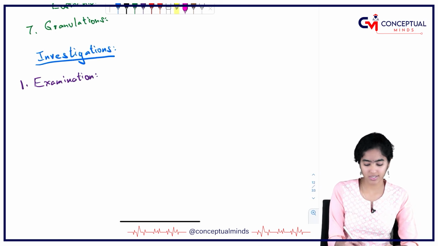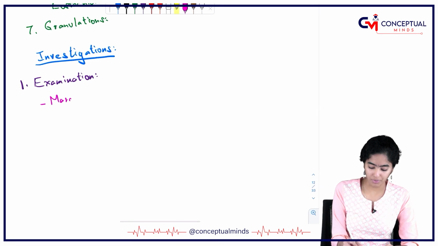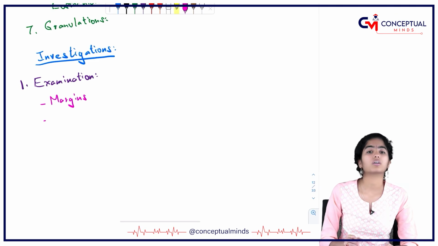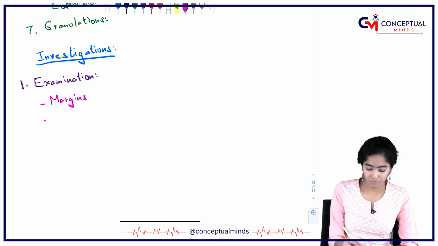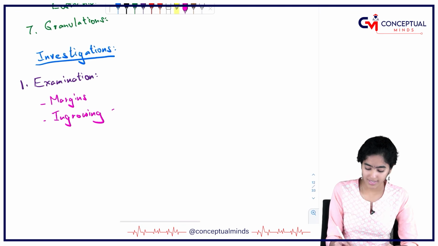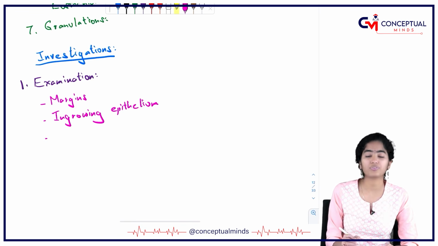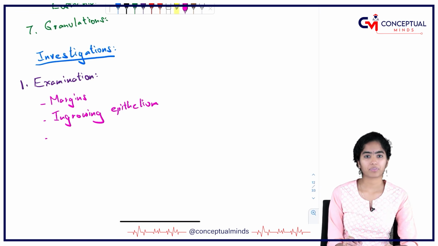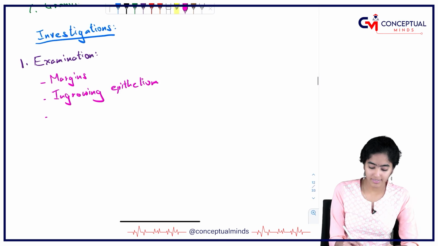I would put that as a list for you. First, look at the margins of the perforation. Then, look for any ingrowing epithelium. This is very important because this could be an evidence of cholesteatoma. Look for any other evidence of cholesteatoma.